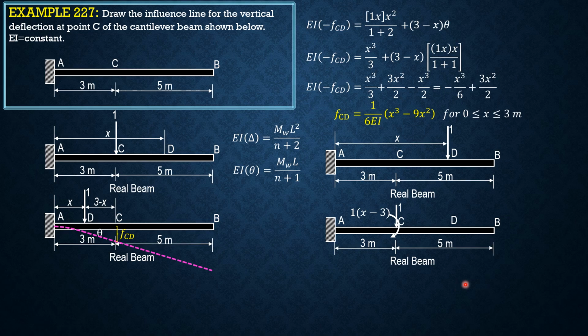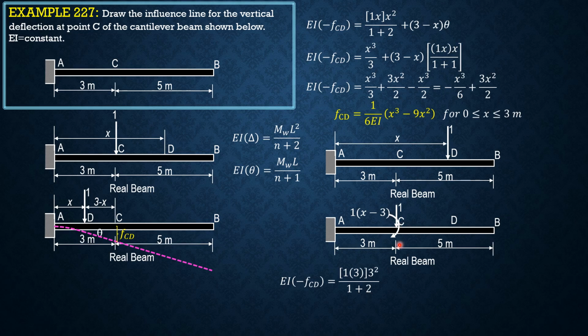So since the unit load is acting at C, the moment for the unit load is 1 times 3 over EI, and the other one 1 times x minus 3 all over EI, the couple. So EI negative FCD, or FDC, is equal to moment at the wall for the unit load, 1 times 3, length is 3 squared over first degree plus 2.